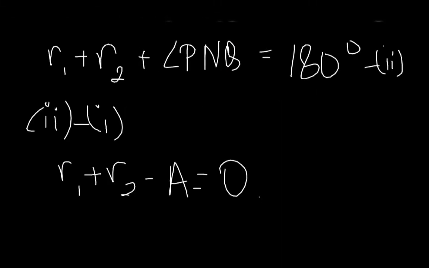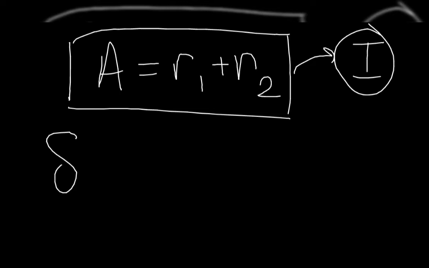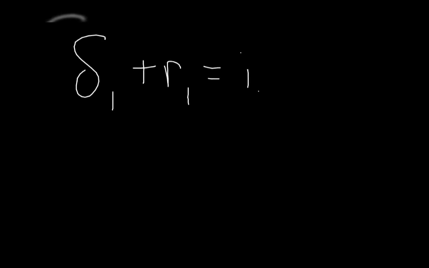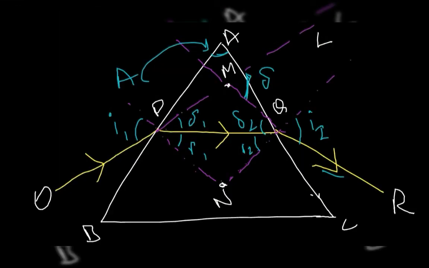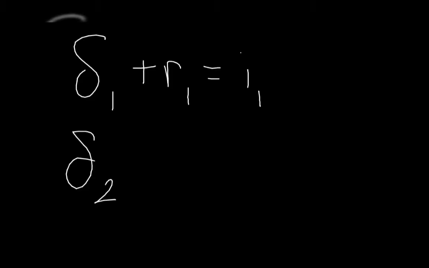The next thing we can say is delta 1 plus R1 is equal to I1, because this angle is equal to this angle, and similarly this angle will be equal to this angle, because they are vertically opposite angles, if you remember. So delta 2 plus R2 is nothing but I2.